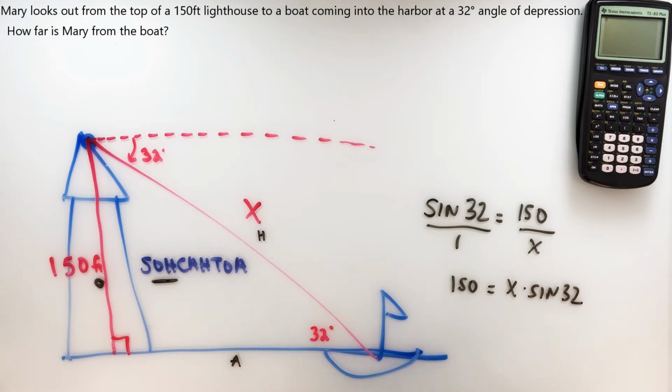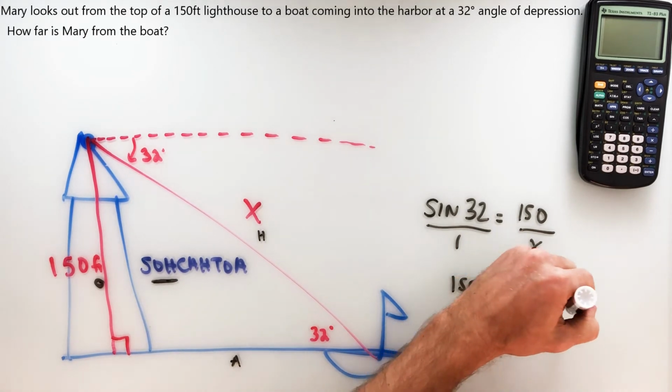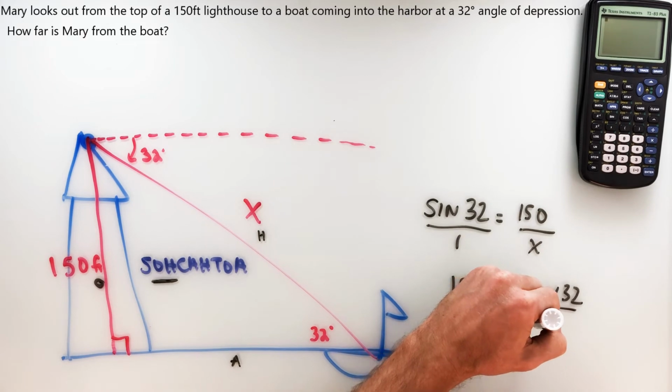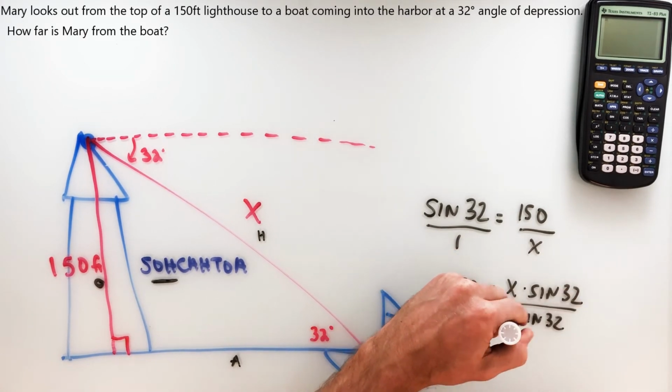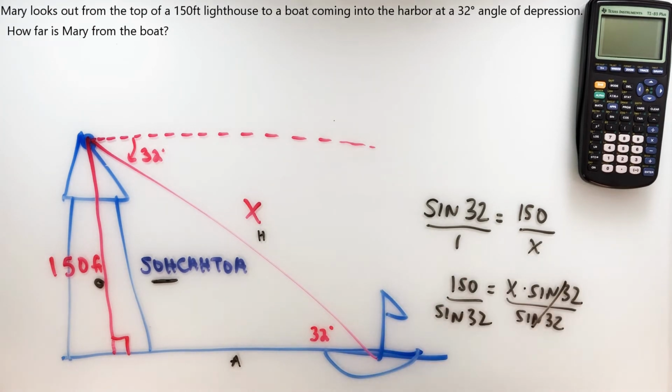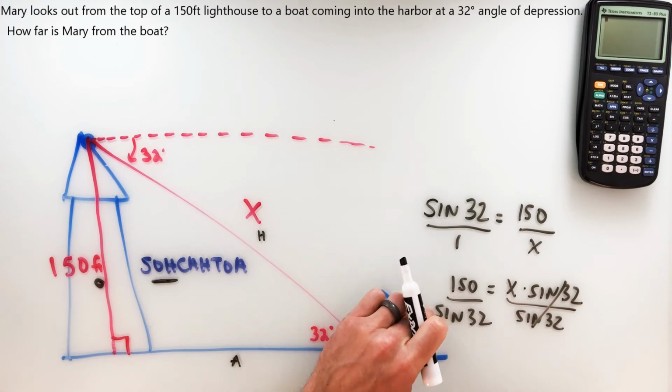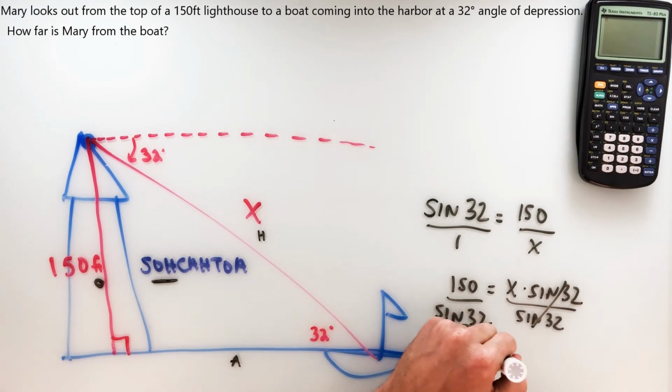And then last step to solve for x, to get x by itself, I'm multiplying by sine 32. So to get rid of that, I'm going to divide both sides by sine 32. Sine 32 over sine 32 is 1, so I've got x equals 150 divided by sine 32.